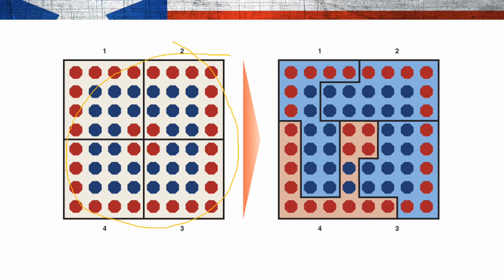And then you can see that there is a way to draw the lines so that the Republicans are in power in District 4, but the Democrats remain in power in Districts 1, 2, and 3. So District 4 would have packed all of the Republicans into one district, and they would have cracked the Republican bloc in Districts 1, 2, and 3 so that they did not ever gain power in those districts.